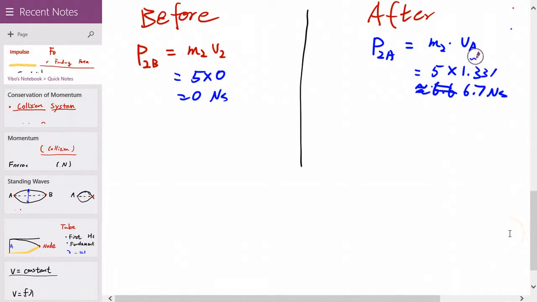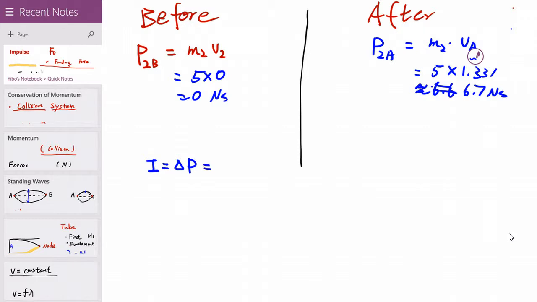Then if I try to find the impulse, or the change of the momentum of object 2, it will be momentum after take away the momentum before, which is 6.7 Newton seconds take away 0 Newton seconds, which is 6.7.